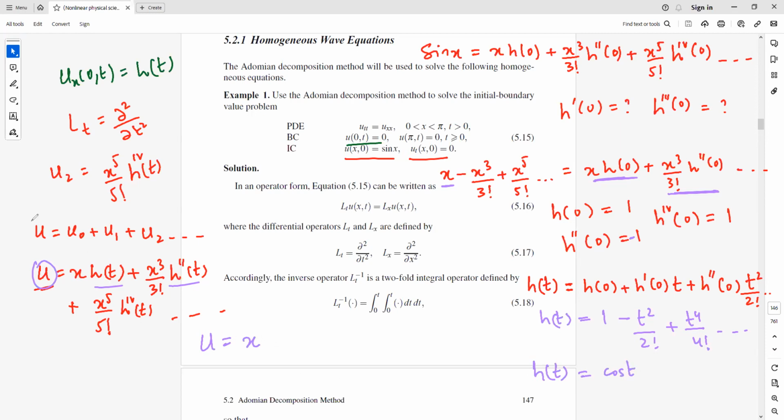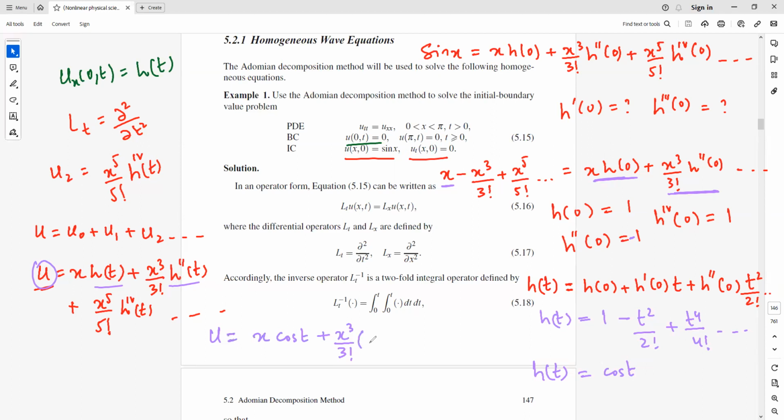Therefore, the solution to this problem is going to be u equals x times h of t. Therefore, this is cosine of t. Then plus x cube over 3 factorial h double prime of t.